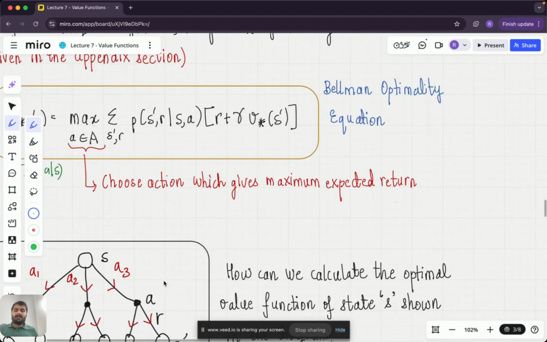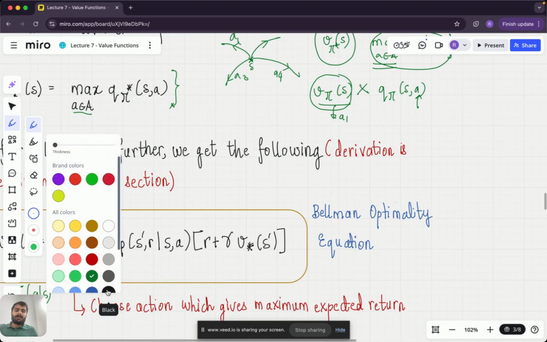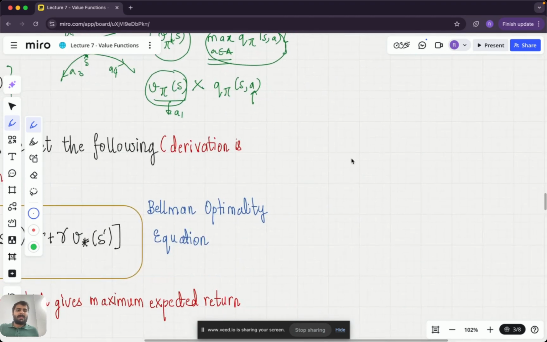Again, if we take the same example which we took to understand the Bellman equation better, let's say we have a state S over here. From this state, you have three possible actions. And then let's say there are these possible next states.